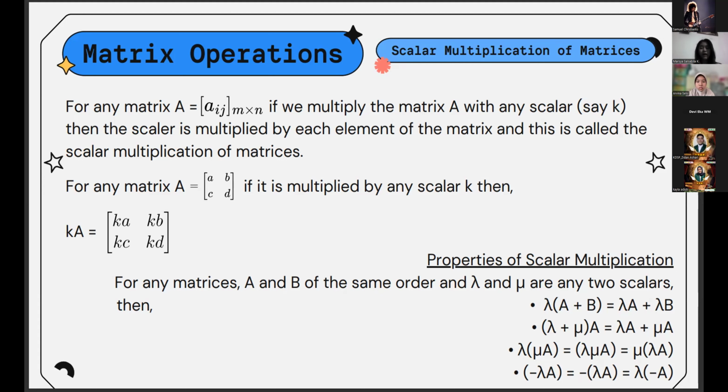The first one is lambda multiplied by A plus B, which equals lambda multiplied by A plus lambda multiplied by B. The second one is lambda plus mu multiplied by A, which equals lambda multiplied by A plus mu multiplied by A. The third one is lambda mu A equals lambda times mu A equals mu times lambda A. And the last one is negative lambda A equals negative of lambda A equals lambda times negative A.